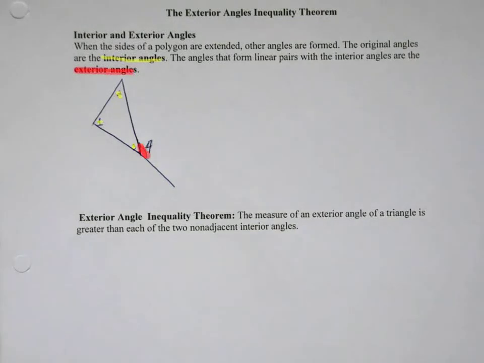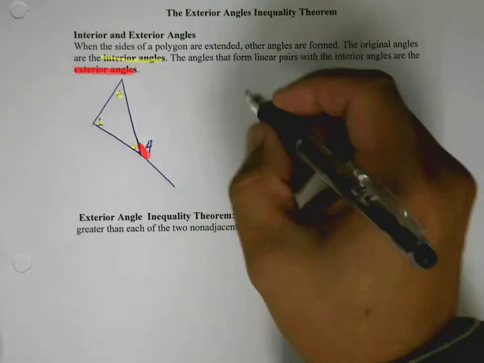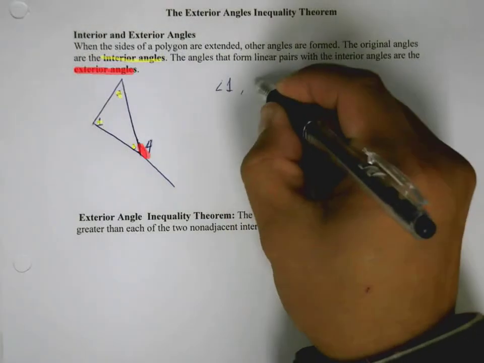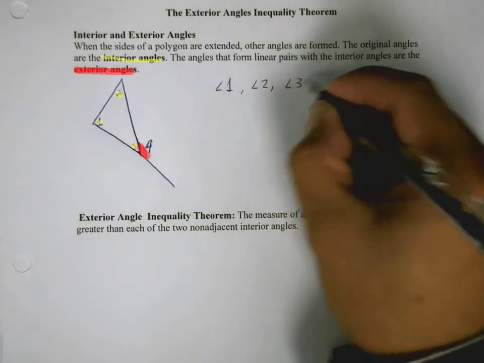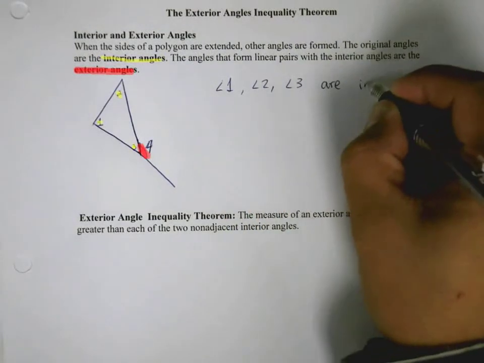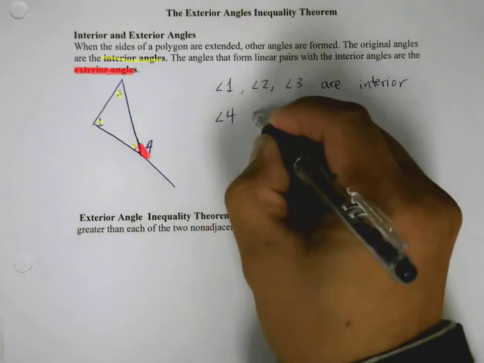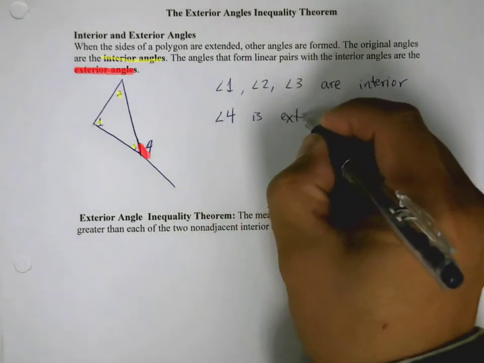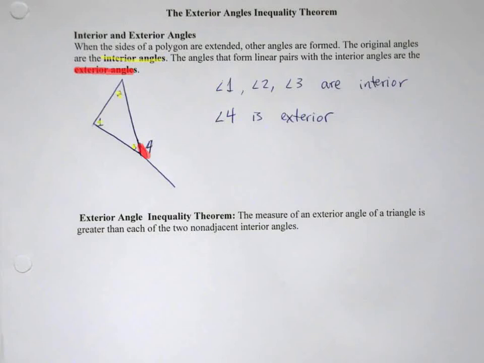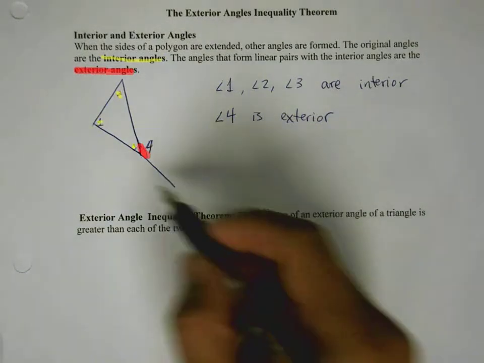All right. So we can say that angle 1, angle 2, angle 3 are interior, and that angle 4 is the exterior angle. And we don't have to extend this side, we could also extend another side.